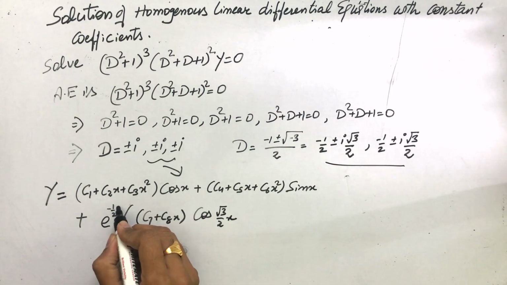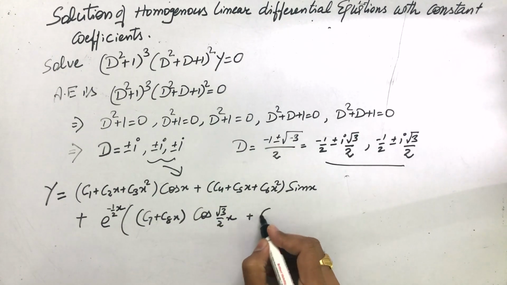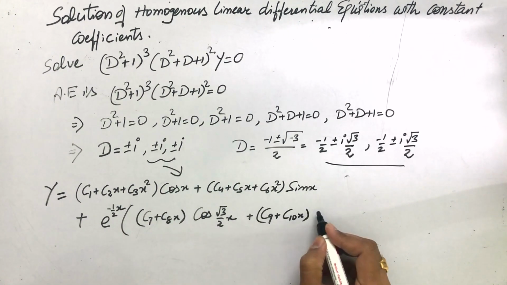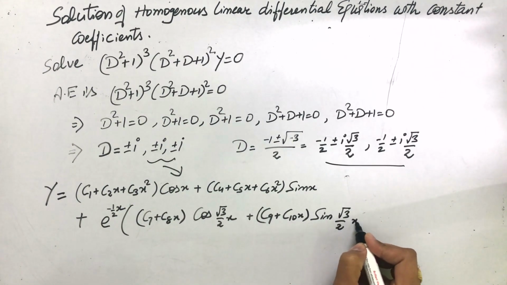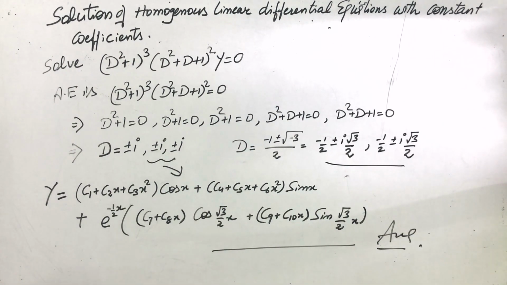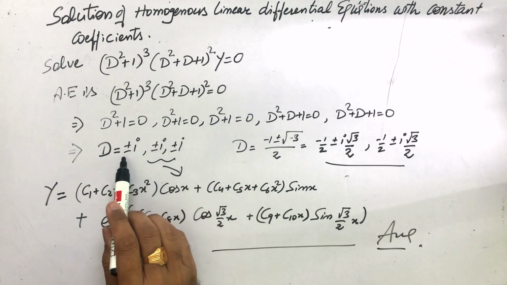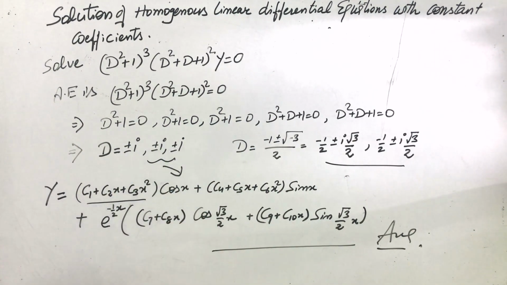So here also we have x plus c9 plus c10x, sine root 3 by 2 x. So this is the solution here. I hope this is clear to all of you how we have calculated the roots, and because the same root appears thrice, this is the way we express this answer.